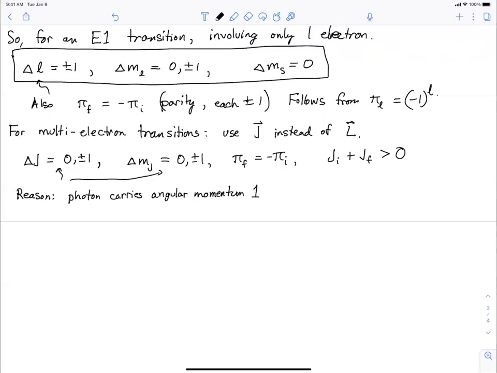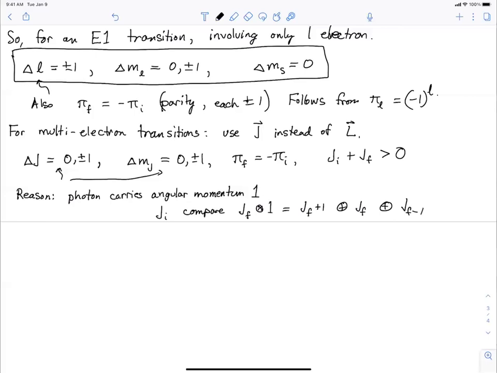And so now if I take the angular momentum in the initial state and compare to the angular momentum of the final state, tensor product with 1 for the photon, okay, that can be JF plus 1, or it could be JF, or it could be JF minus 1.